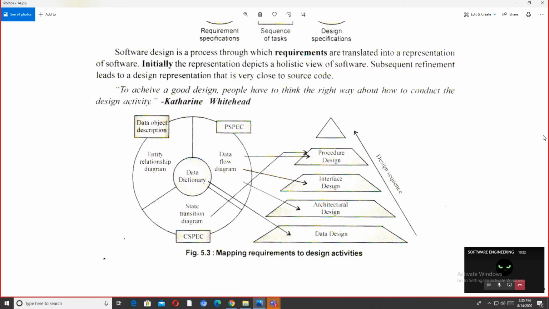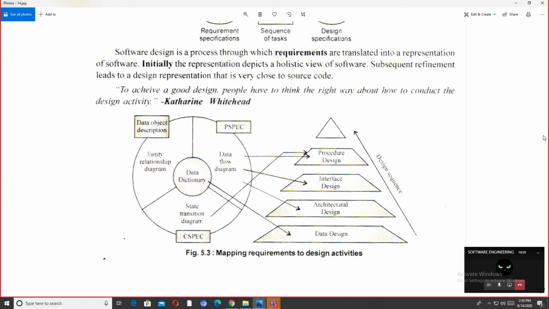Now, further subsequent refinement leads to a design representation that is very close to source code. We can easily understand that when a group of technical advisors, coders, and system designers are sitting on a given project, subsequent refinement means further refining the whole software process into smaller sections, and then further refining the smaller portions of the software process into processes.